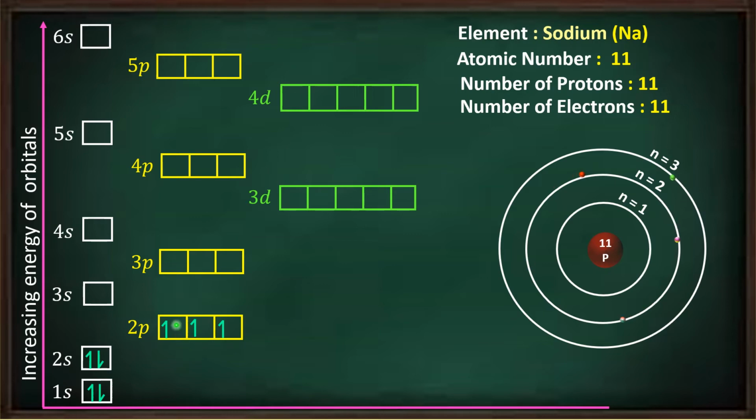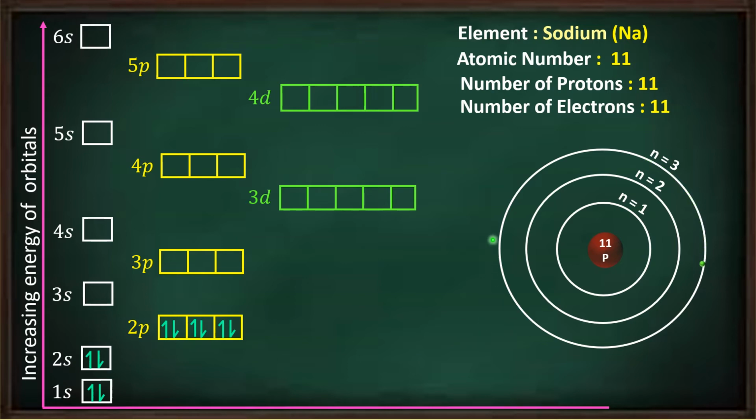Next electrons will pair up from here onwards. So the 8th electron pairs up with this electron. Next, the 9th electron pairs up with this electron, and the 10th electron pairs up with this electron. So totally we filled 10 electrons.